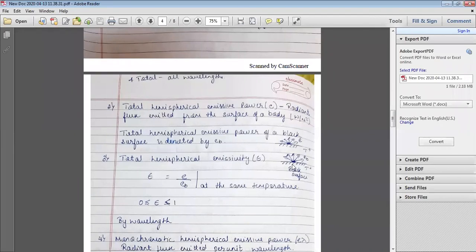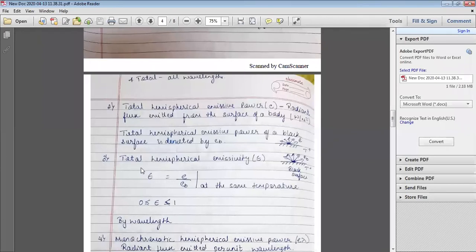For a black surface, it is the maximum power that can be emitted from the surface of the body. It is denoted by EB. I have taken small e, so I am writing small eb. Small e is the total hemispherical emissive power, and EB stands for the total hemispherical emissive power of a black surface. So E is emissive power and B stands for the black surface.